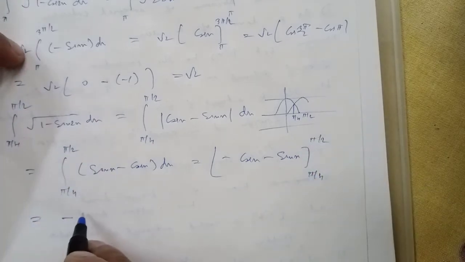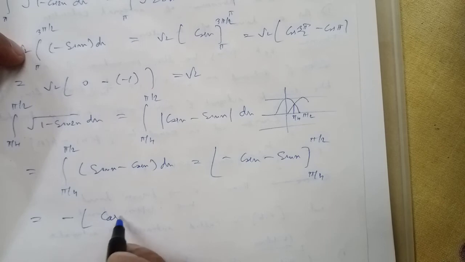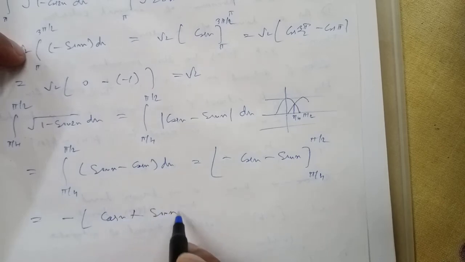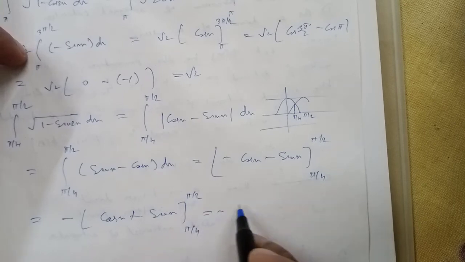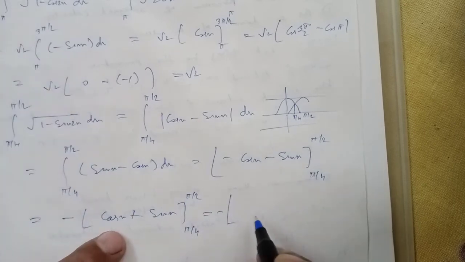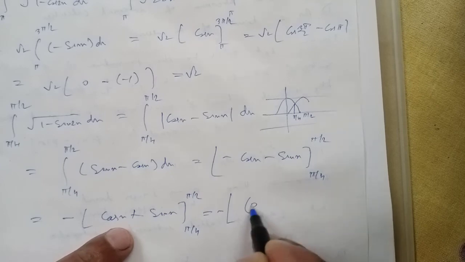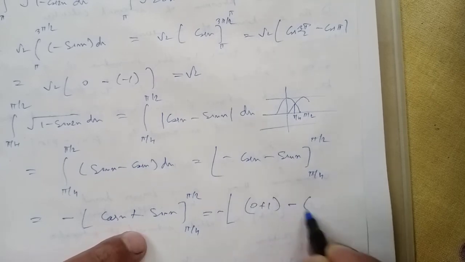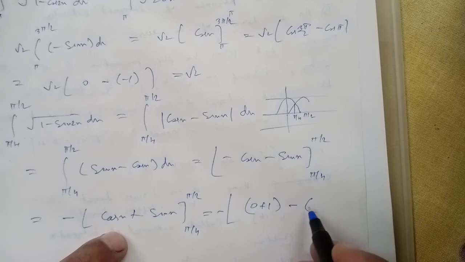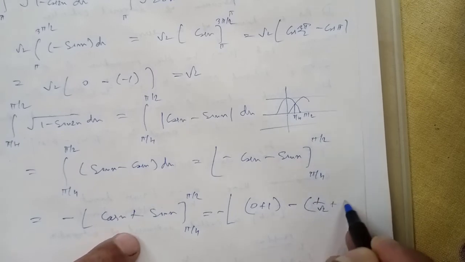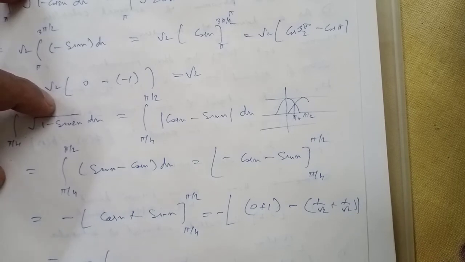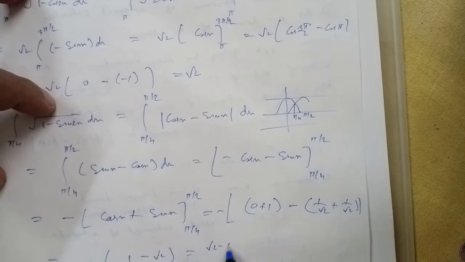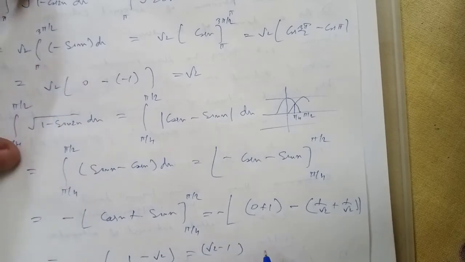Take minus outside, so we get minus of the bracket cos x plus sin x from pi by 4 to pi by 2. If we put pi by 2 here, cos of pi by 2 is 0, sin of pi by 2 is 1, minus, then we put pi by 4, cos of pi by 4 is 1 by root 2, sin of pi by 4 is also 1 by root 2. So ultimately we get minus of 1 minus 2 by root 2, that is root 2. So finally we get root 2 minus 1 as our answer.